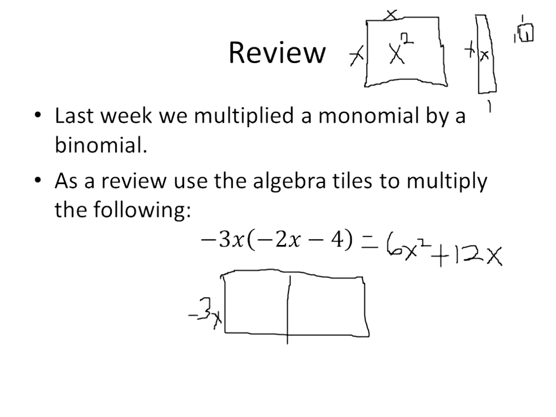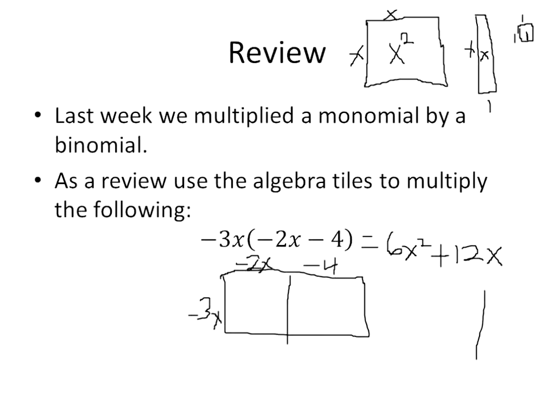The negative on there, negative 3x. And that's kind of like representing this side up here, isn't it? Okay? And this side would be negative 2x for this section. And this section over here would be minus 4 part. Okay?